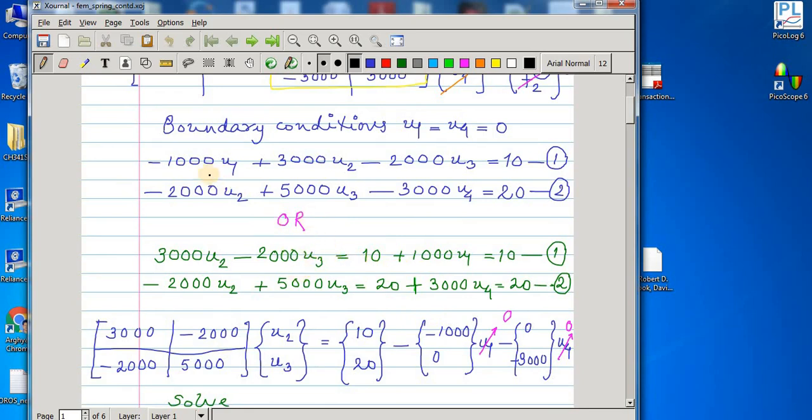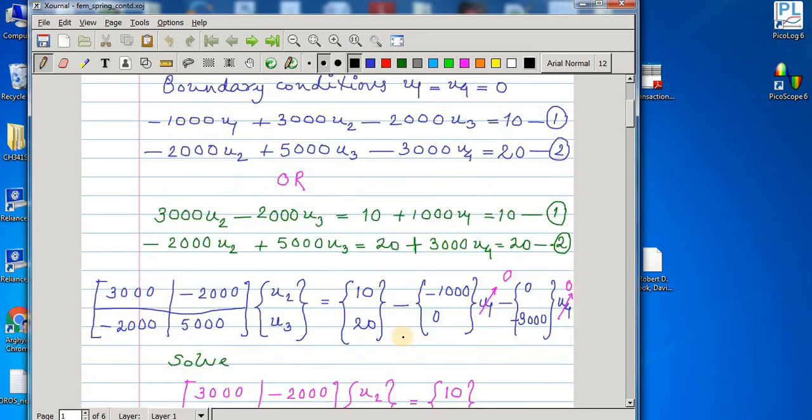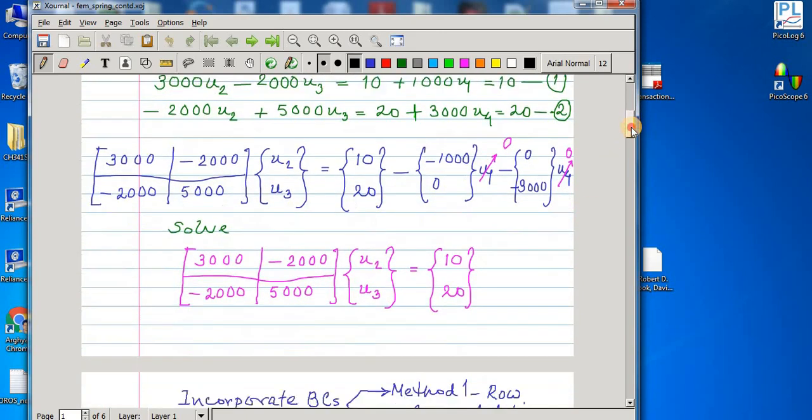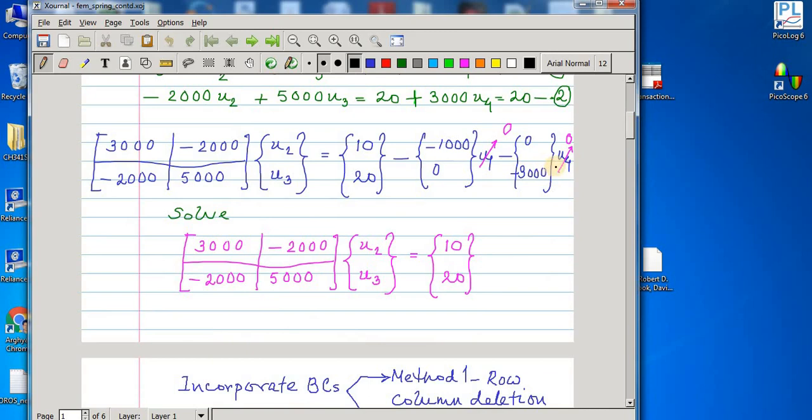So we take this term to the right hand side, and this is the matrix equation. Since U1 and U4 are zeros, these two terms need not be considered and we get this final equation. So you solve this and you get the results.